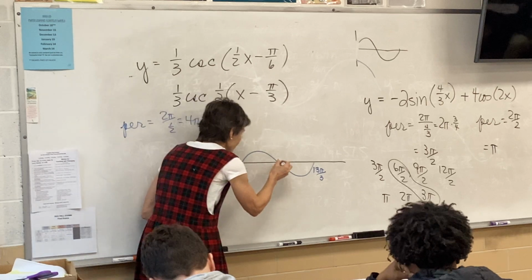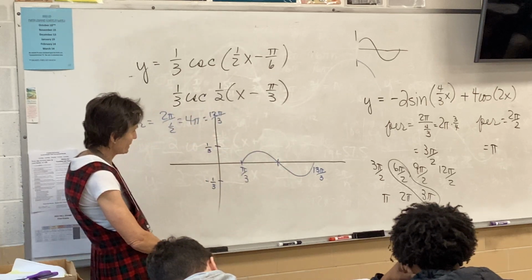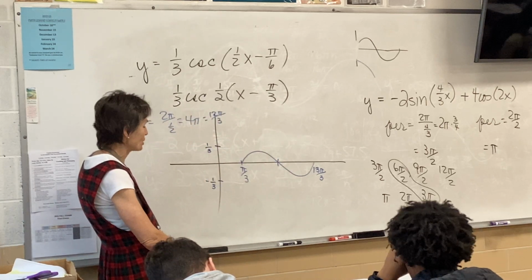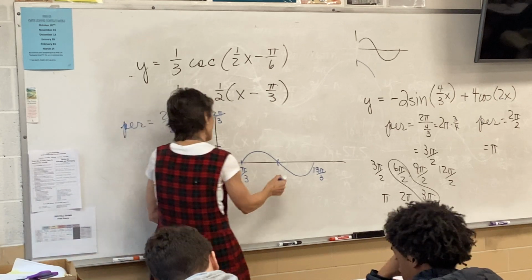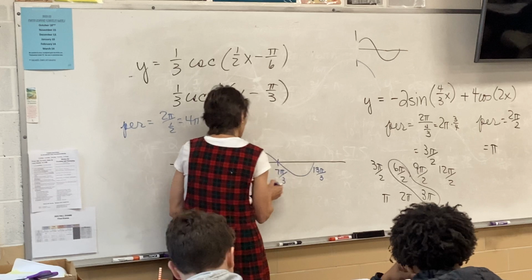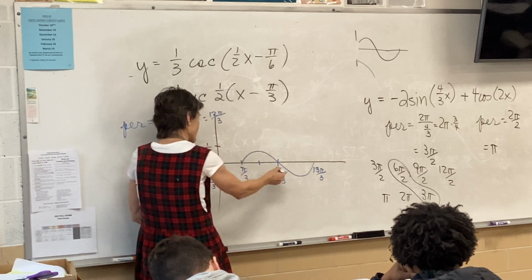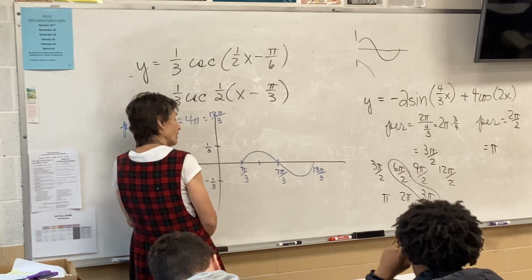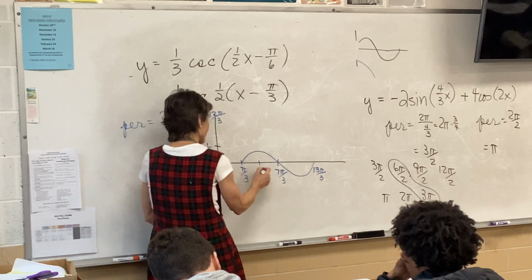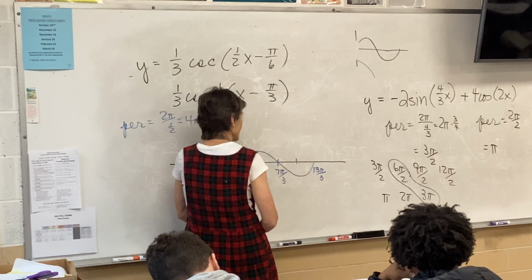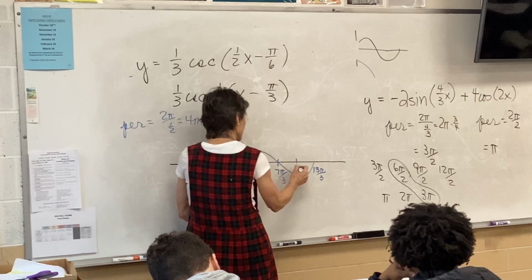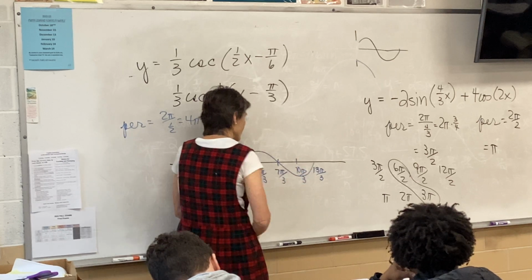Right in the middle of those two is the average of 1 and 13, which is 7 pi over 3. And then right in the middle of these two is the average of 1 and 7. And similarly, the average of 7 and 13 is 10 pi over 3.